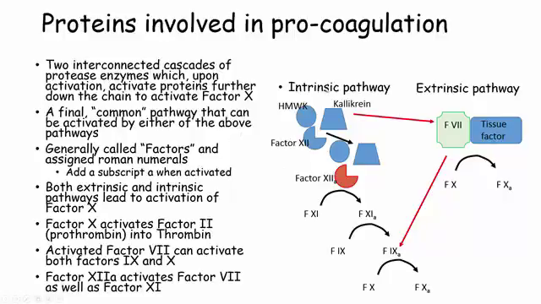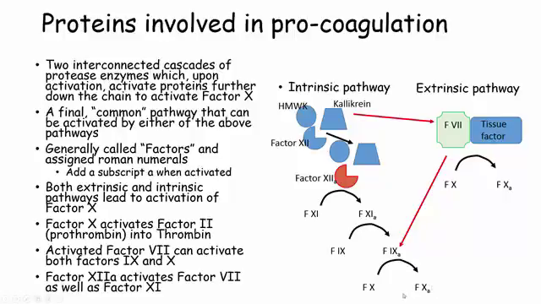So we have two interconnecting pathways, the intrinsic pathway and the extrinsic pathway, which are each activated through separate signals, separate proteins recognizing separate things that suggest that there's a hole in the blood vessel.